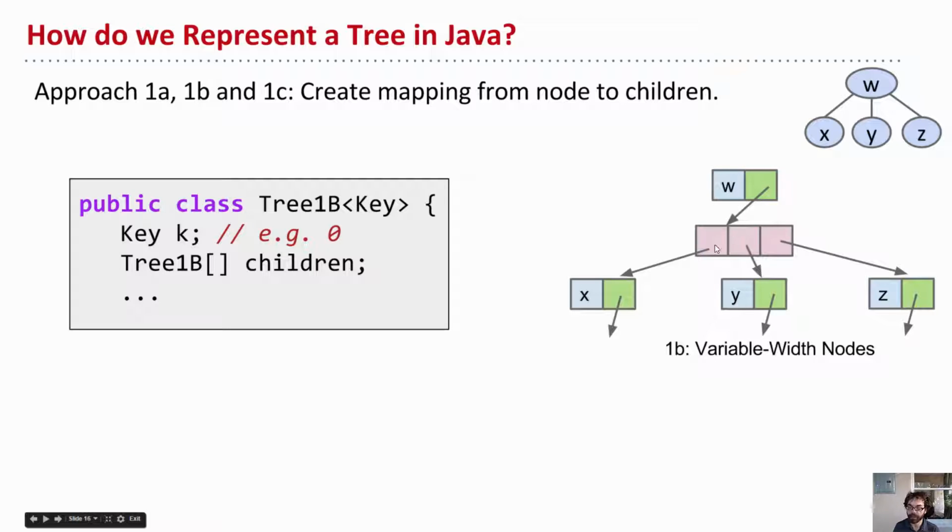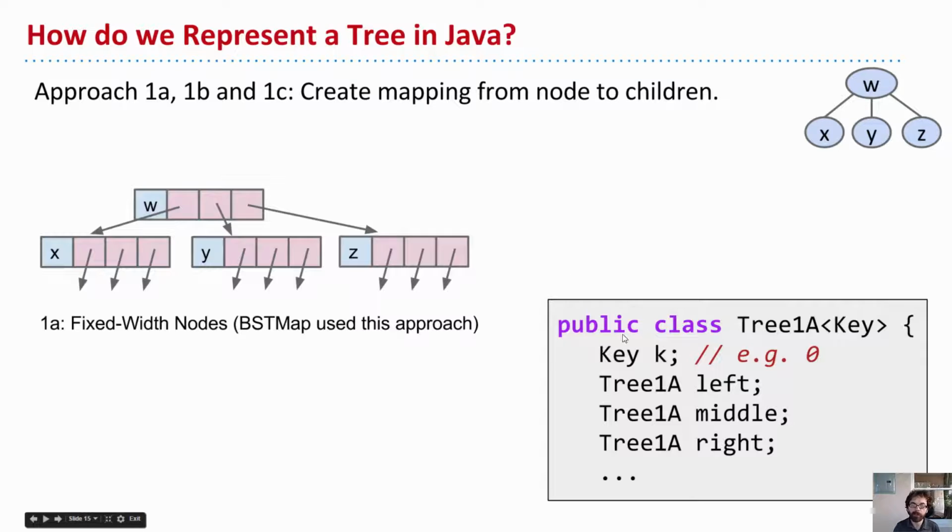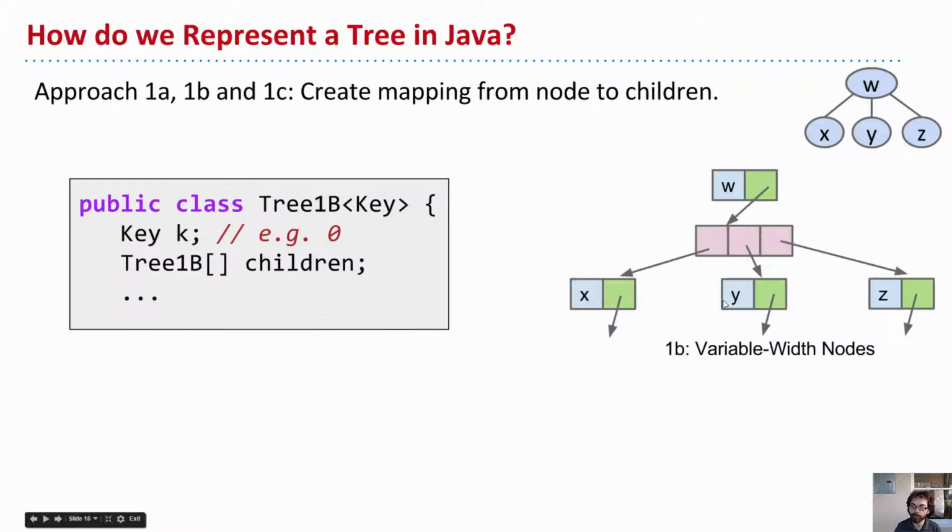And that array holds all the children, in this case, X, Y, and Z. And each of these will have their own link to their own array, and in this case, you can support variable width nodes. So it's a more general approach, and I'm not going to say that one way is better than the other, but I will say the reason you've been using the previous approach is because we've been using, in the past, mostly strictly binary trees. And in that case, we want to keep things simple, but if you needed to support something more complicated, it might look something like this.